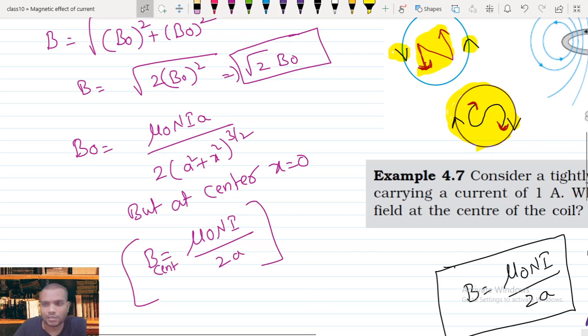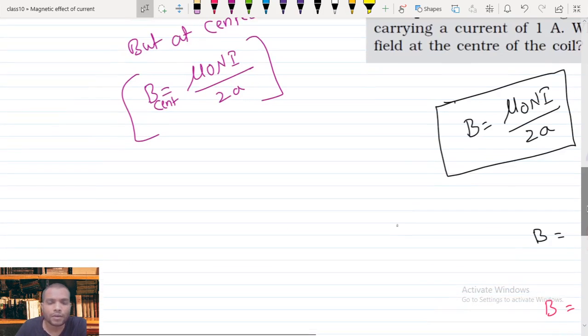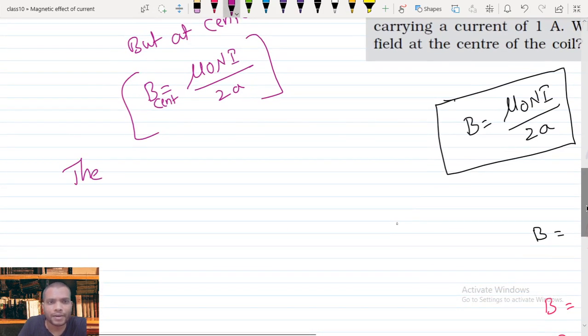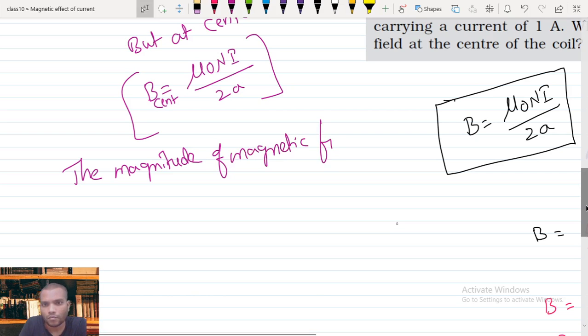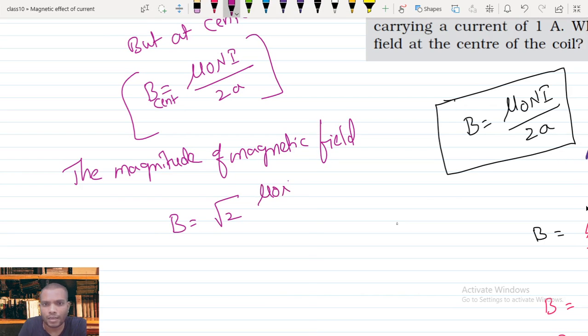The final result, the magnitude of the magnetic field: B equals root 2 times mu naught n I upon 2a.